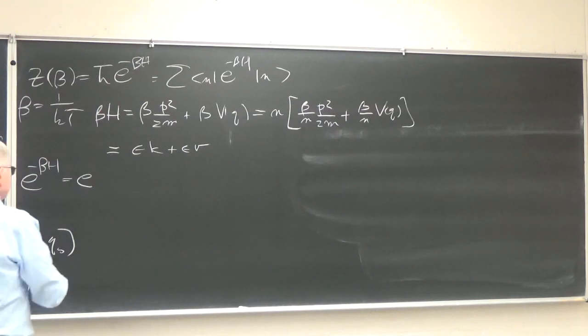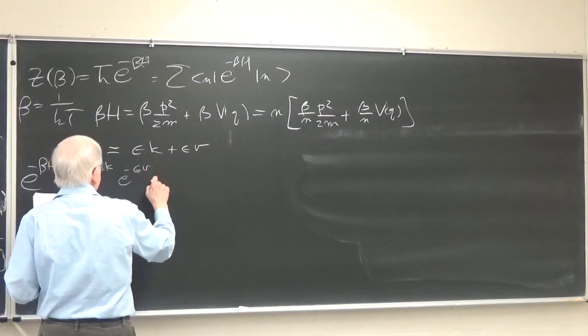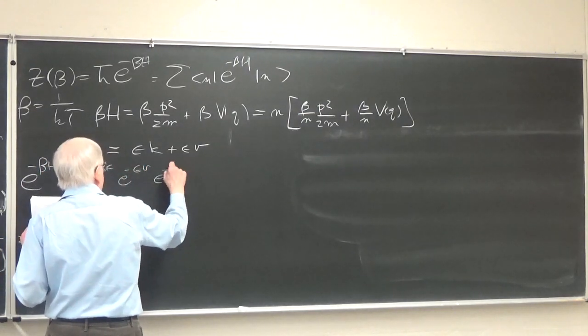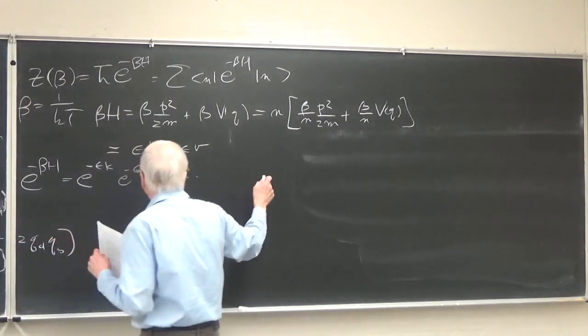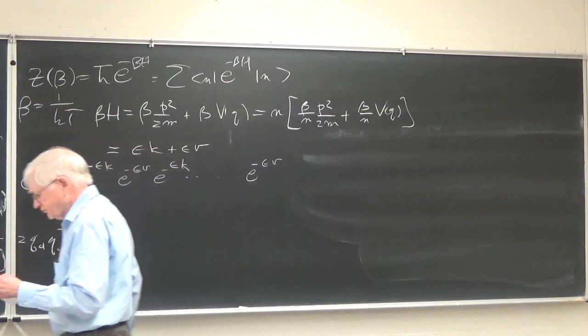So this actually is e to the minus epsilon K, e to the minus epsilon V, and then e to the minus epsilon K, and so an infinite number of factors here, e to the minus epsilon V.